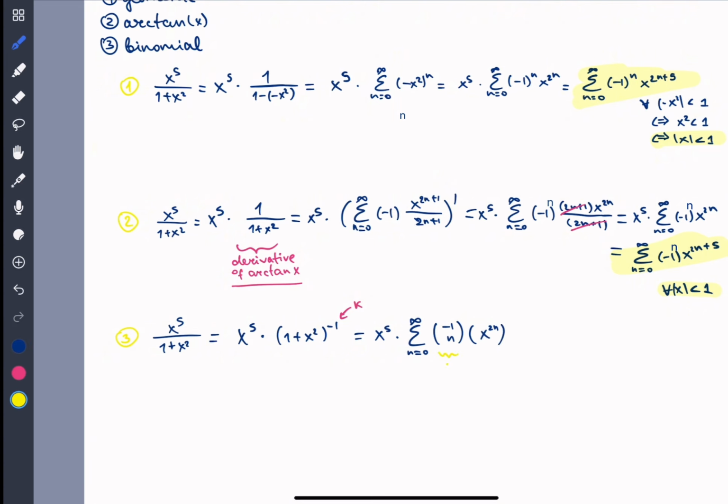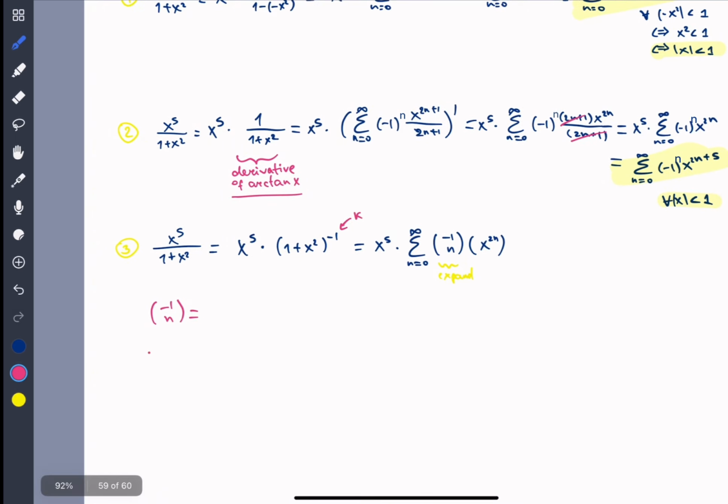And now we just have to expand the coefficient. In most of the binomial Maclaurin series, if you use it, you try and expand the coefficient. If it can be expanded, you just write it neatly. Actually, you could keep it like this, I believe, but it's better if you rewrite it, and then you'll see that you'll come to the same answer as we did with other methods.